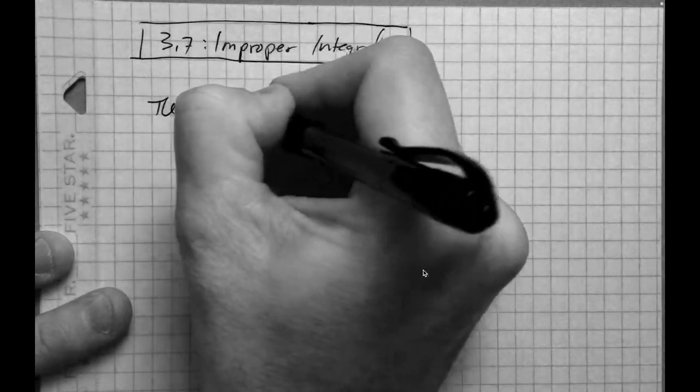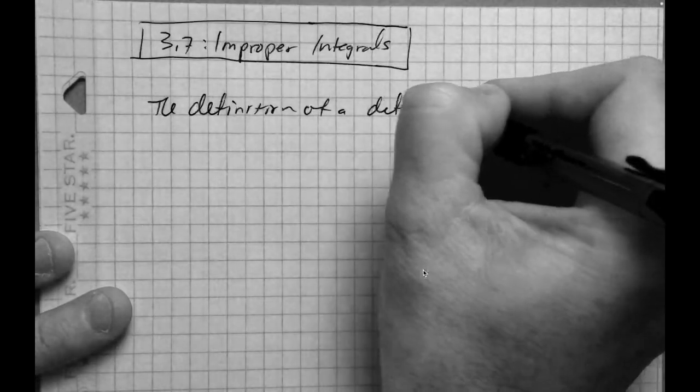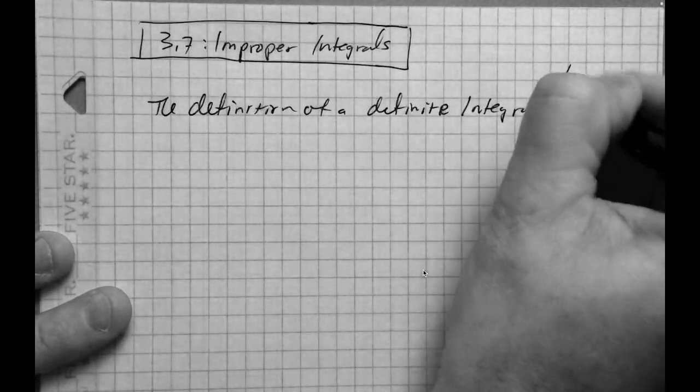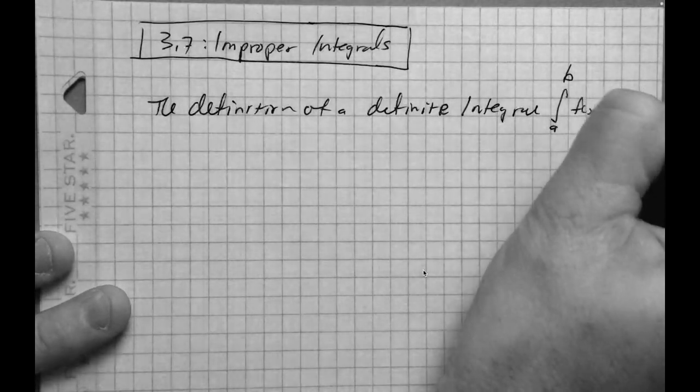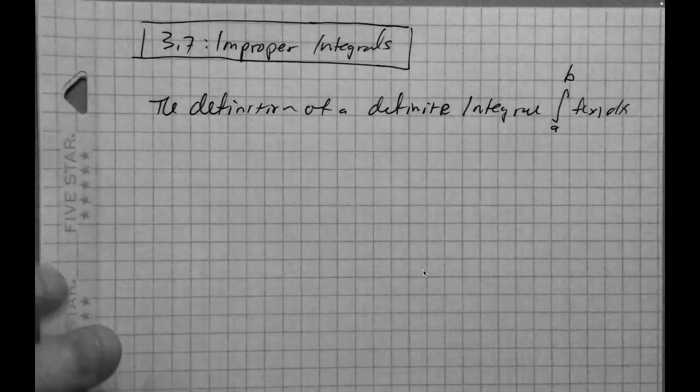The definition of a definite integral, a to b of f of x dx. There's a couple requirements here. First of all, it's going to require the interval a, b to be finite.